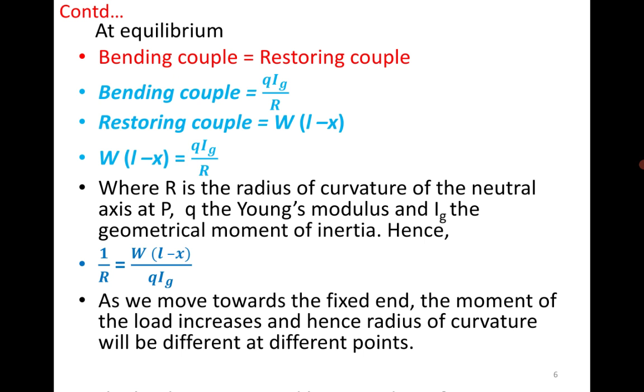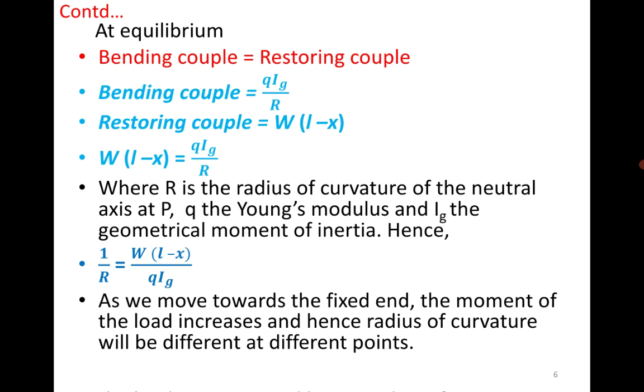Therefore, at equilibrium, W into L minus x is equal to QIg by R. Here R is the radius of curvature of the neutral axis at point P, Q is the Young's modulus and Ig is the geometrical moment of inertia. Hence, 1 by R is equal to W into L minus x divided by Q into Ig.